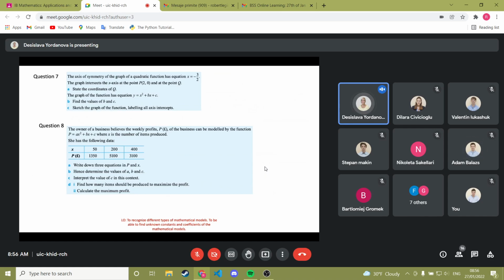But the owner believes that the profit is modeled by a quadratic function, that is ax squared plus bx plus c. How do we use this data given in the table to find a, b, and c?